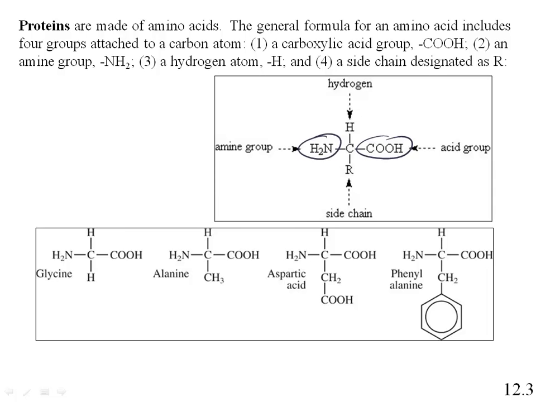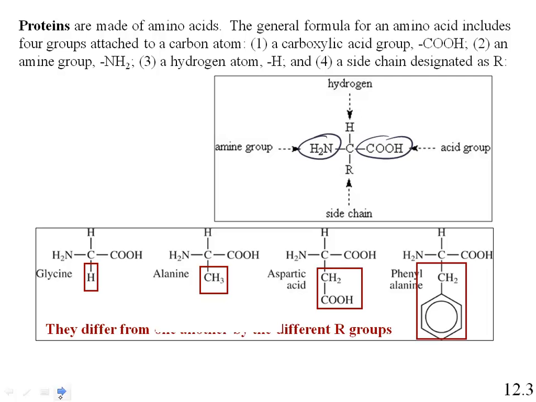These amino acids are essential for human growth and development. And the only difference between these four amino acids is the R group, the side chain. This one is a hydrogen. This one's a methyl group. This one is an acetyl group. And the last one is a phenyl group.